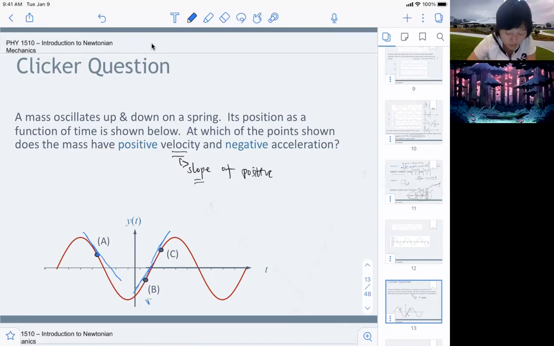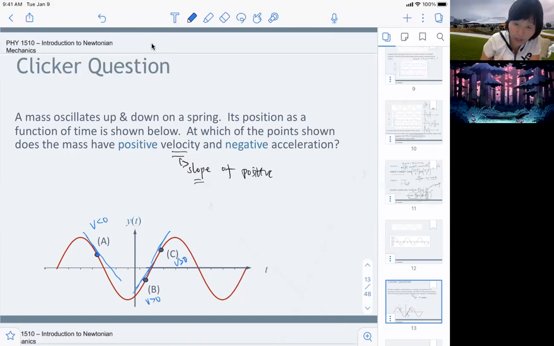The next thing to look at is the acceleration. Wherever you have a positive position, you have a negative acceleration. If you have a positive position, your force is always opposite to your displacement. If you're above the 0, your force will be dragging you down.